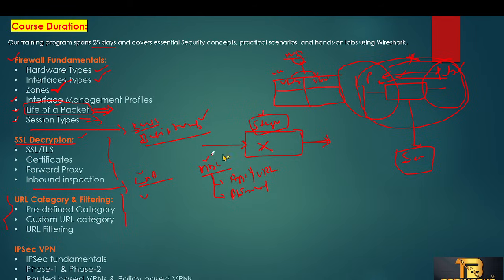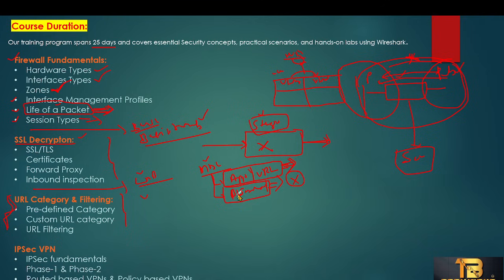So what the company will do is allow only the URLs or applications related to their internal work, and if you want to access social media or any other entertainment related URLs, you cannot access those on your company laptops. Using the firewall URL category and filtering, they are allowing only the work related URLs, and everything apart from work related URLs they are going to block here in the firewall.